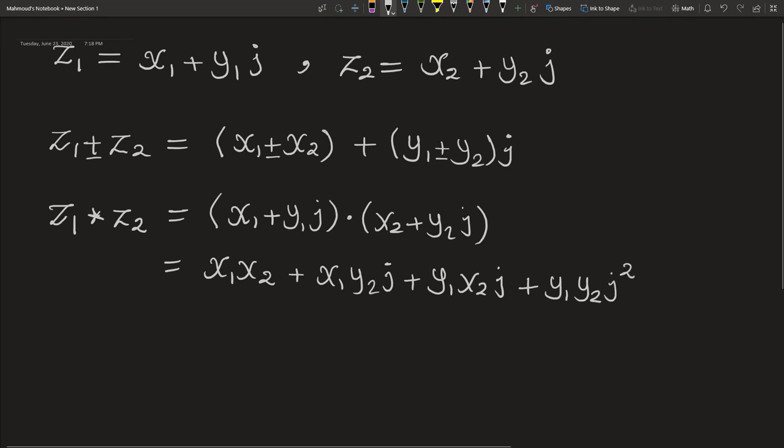However, we know that j square is equal to -1.